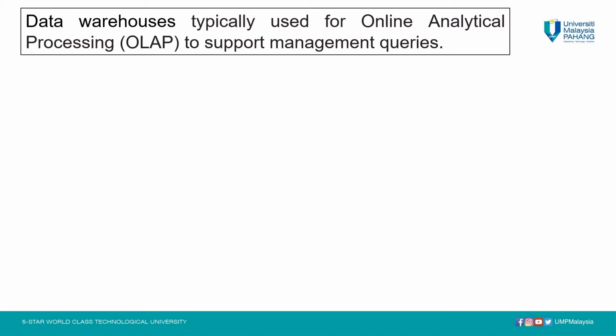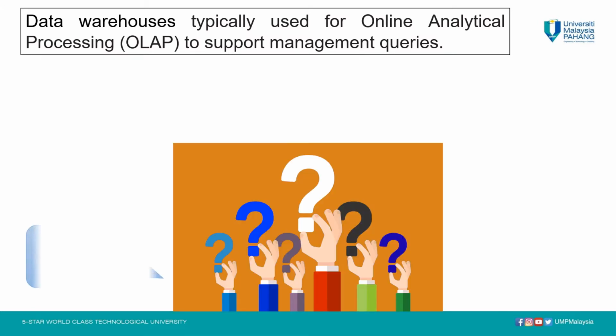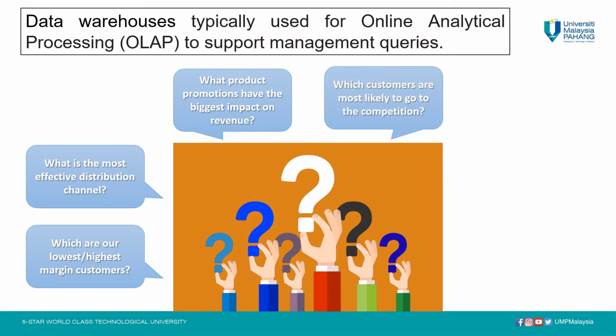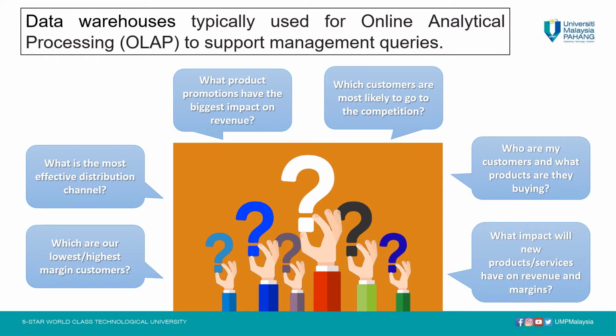They provide answers to common management queries like which are our lowest or highest margin customers, what is the most effective distribution channel, what product promotions have the biggest impact on revenue, which customers are most likely to go to the competition, who are my customers and what products are they buying, what impact will new products or services have on revenue and margins.